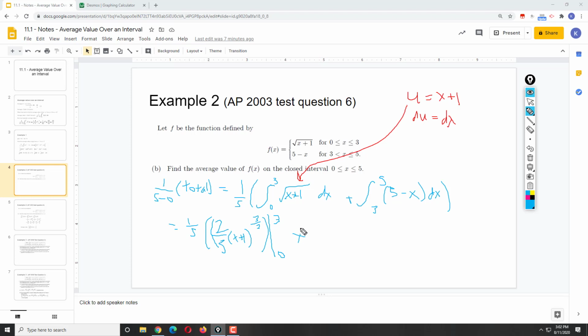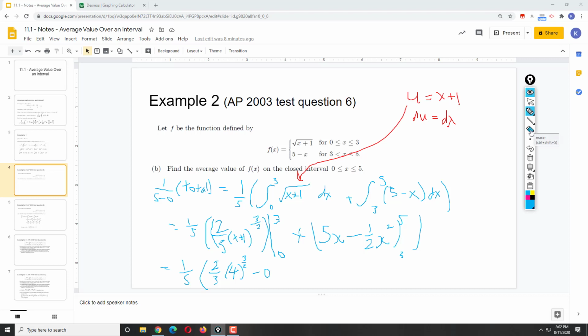Plus the integral of the second part, the integral of 5 minus x, which is 5x minus 1/2 x squared. We're going to evaluate this from 3 to 5. That's 1/5 times 2/3 times 4 to the 3/2 power, minus 0.